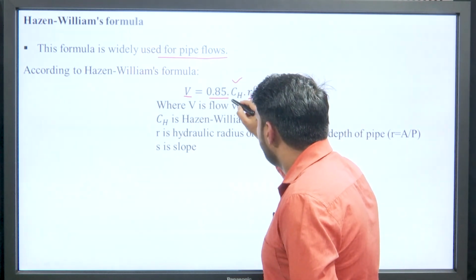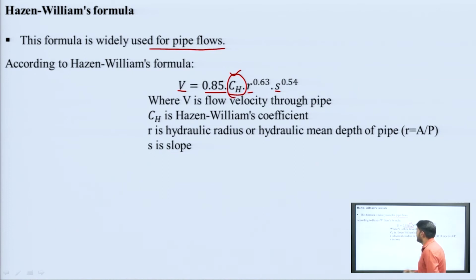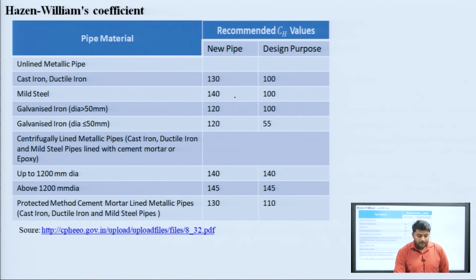So, how can we get the value of that particular constant? Meaning, how can one get the value of the Hazen-Williams coefficient? According to the CPHEEO manual, on the basis of pipe material, the value of the Hazen-Williams coefficient can vary, and one can easily conclude how this coefficient varies on the basis of pipe material. So, for cast iron, ductile iron, mild steel, the values are around 130, 140.